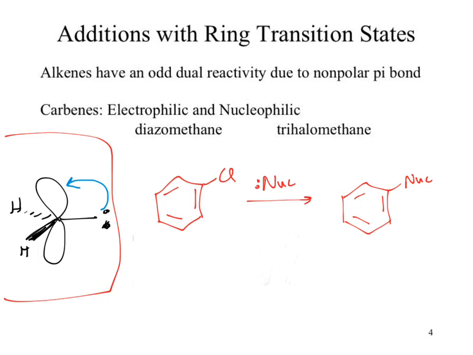Where's the backside of that carbon-chlorine bond? There's not one. What's on the backside of that carbon-chlorine bond? Electron density. So in an SN2 reaction, what does that nucleophile with all its electrons have to do? Go through all of that electron density. Is that going to happen? No. So SN2's out the door. Sorry. Not a bad idea, but it didn't work.